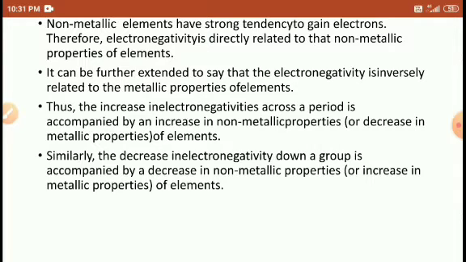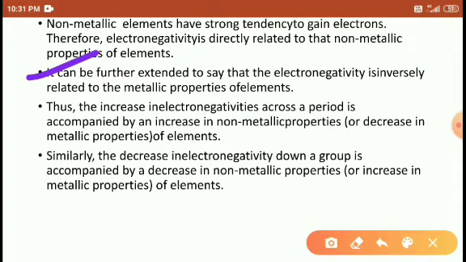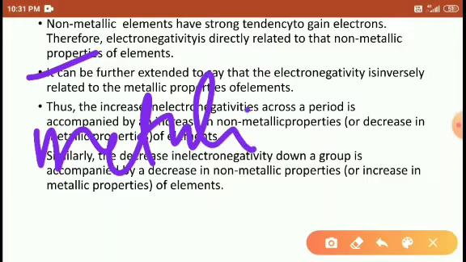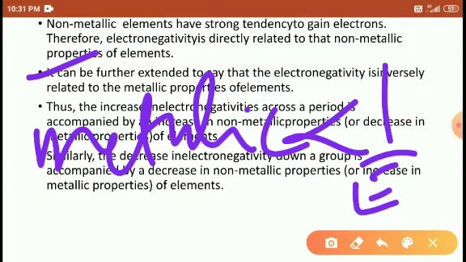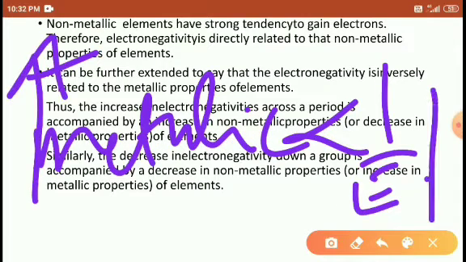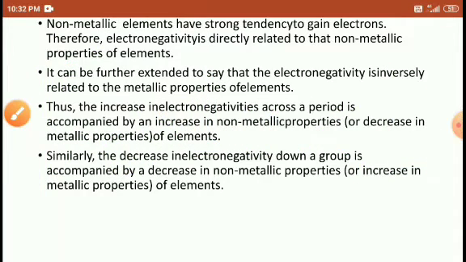It can be further extended: electronegativity is inversely proportional to the metallic property, right? Based on this, we can easily explain that metallic property is inversely proportional to the electronegativity. Metallic character increases, electronegativity decreases. Look at here.